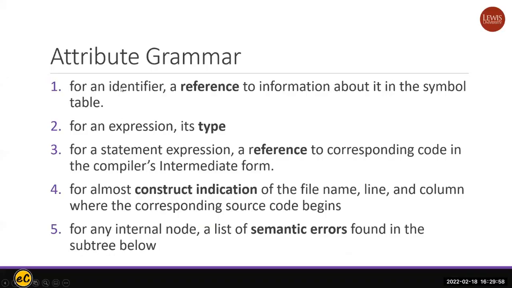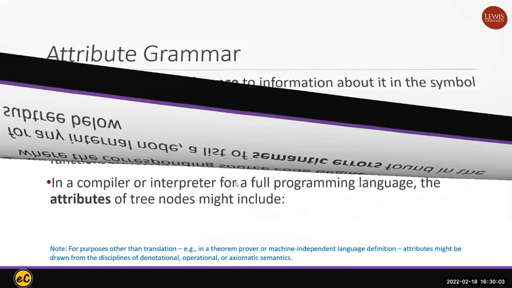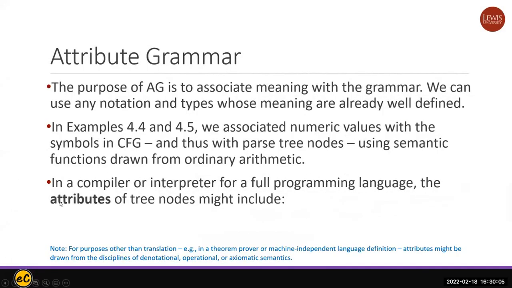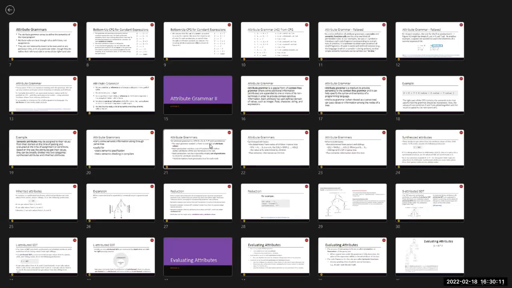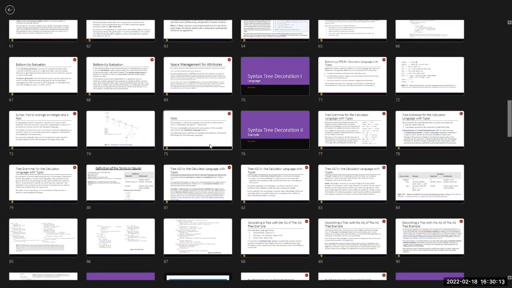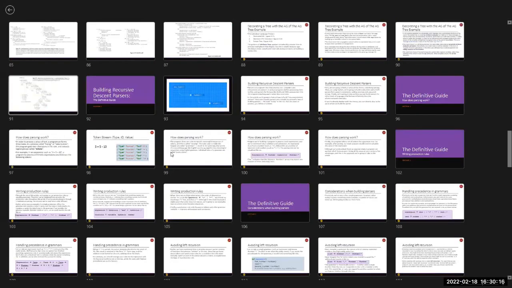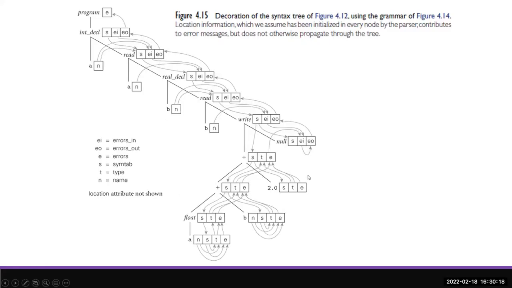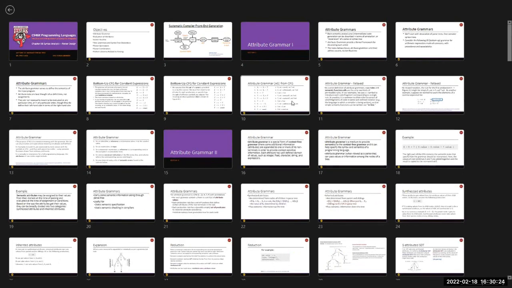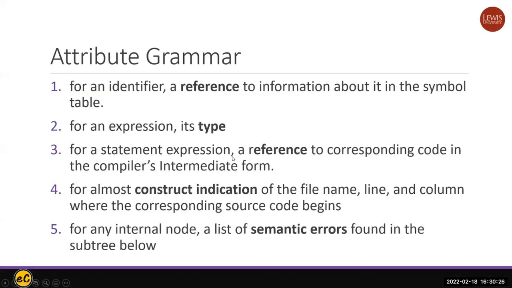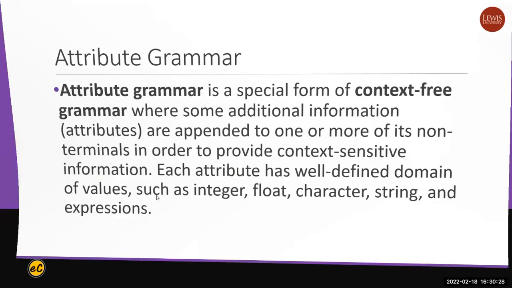But right here, this attribute grammar does talk about the possible node declarations or the attributes a tree node might include, these different things. And if you look at the result that we decorated, it is something like this, okay, something like this. But we will go step by step to introduce how to decorate a tree, okay, how to decorate a tree.